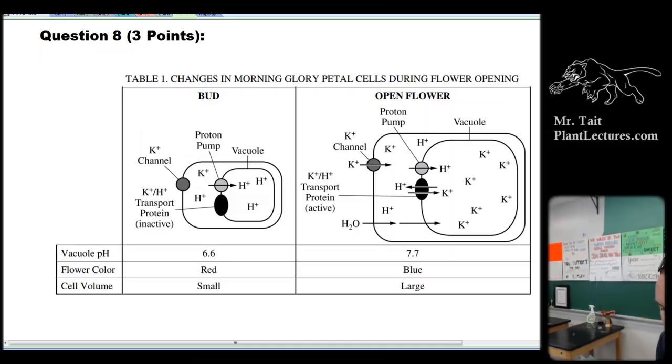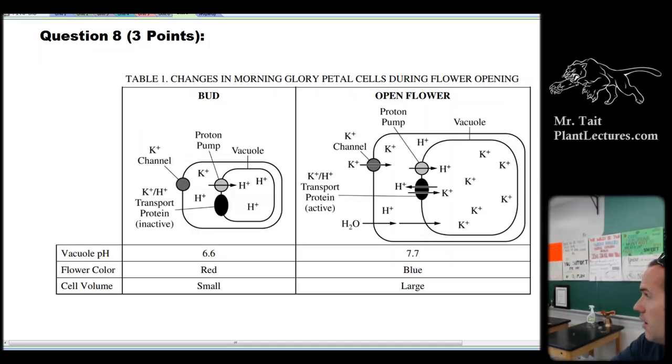Petal color is determined by the pH of the vacuole. A model of the morning glory petal cell before and after flower opening is shown in Table 1. Identify the cellular component in the model that is responsible for the increase in pH of the vacuole during flower opening, and describe the component's role in changing the pH of the vacuole.